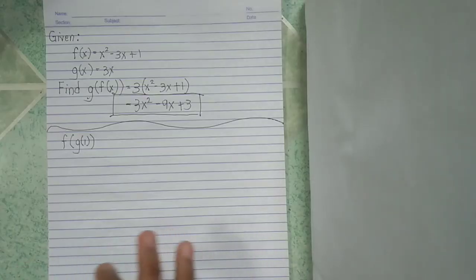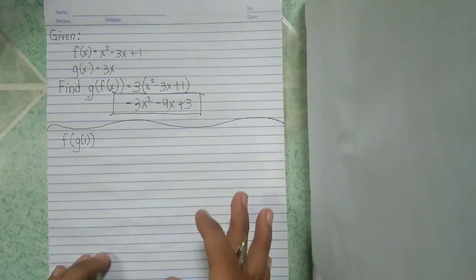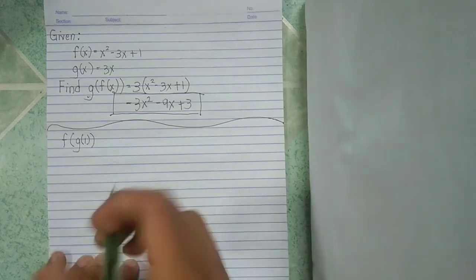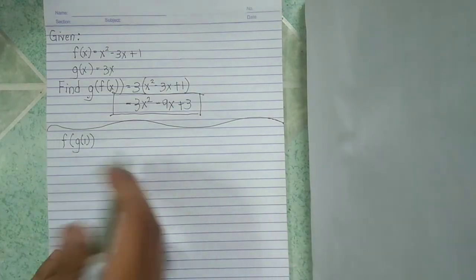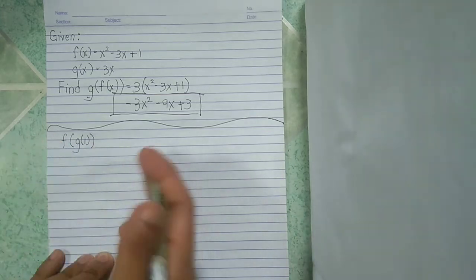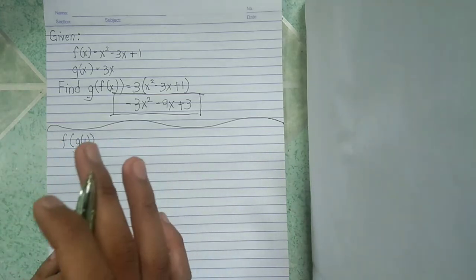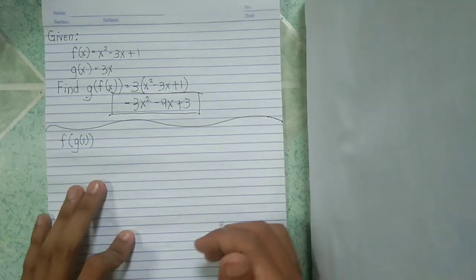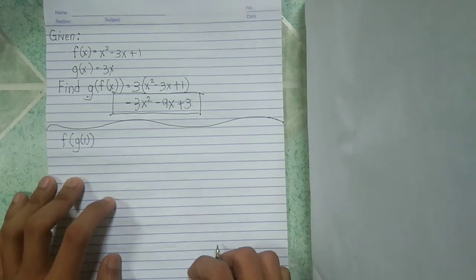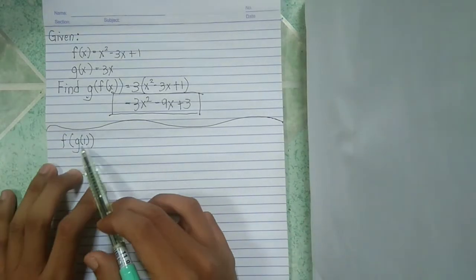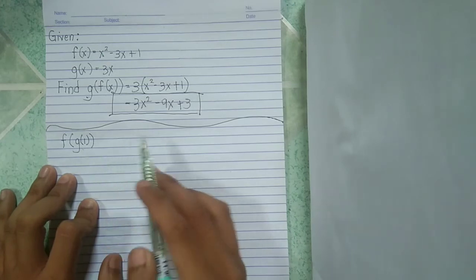What about if you will be asked to find the value of f of g of 1? What does this mean? So this simply means that at g of 1, g of 1 must be solved first.